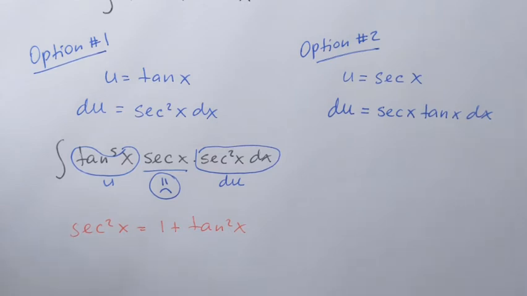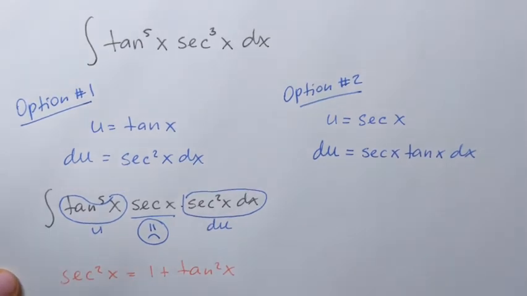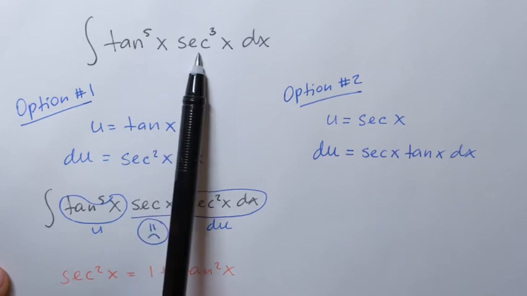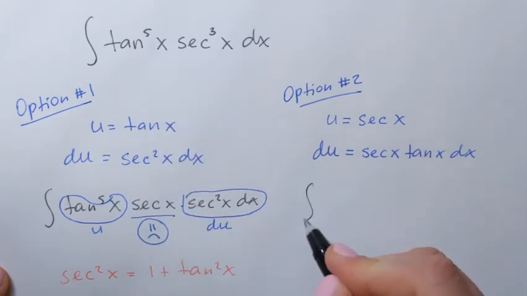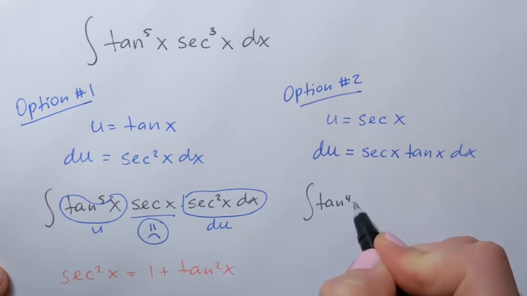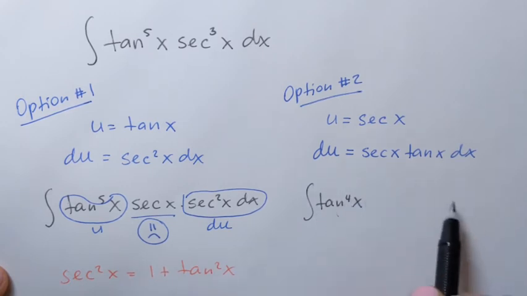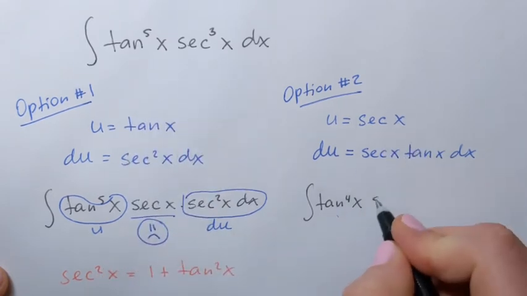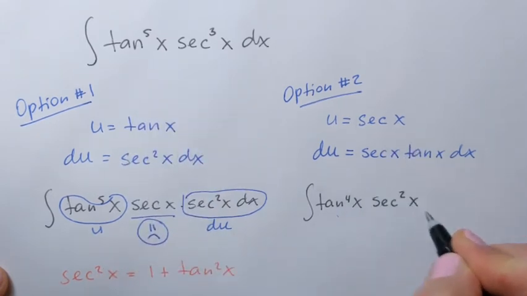So I will be rewriting my integral, but I will be setting aside one tangent and one secant. That means that I will have tangent to the fourth power, and I'll set the single factors aside at the end. Tangent to the fourth power. Next, that will be secant to the second power.